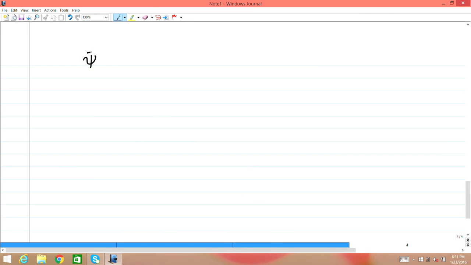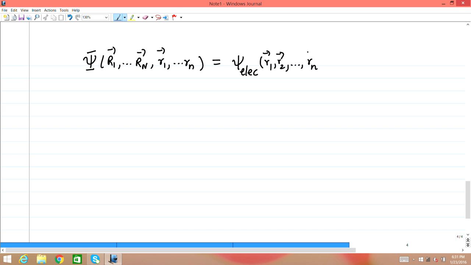And the approximation 1: psi, which is a function of all the nuclear coordinates and all the electron coordinates, Born and Oppenheimer proposed this to be a product of two terms, one which depends on electronic coordinates and the nuclear coordinates, so psi electronic as a function of r1 to rn, the n electrons, and all the nuclear coordinates R1, R2, to capital N, times a psi nuclear, which is only a function of the nuclear coordinates.